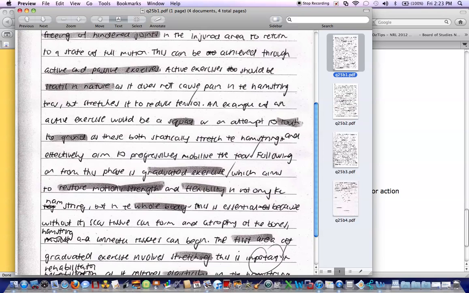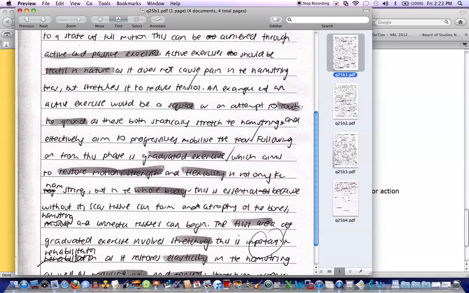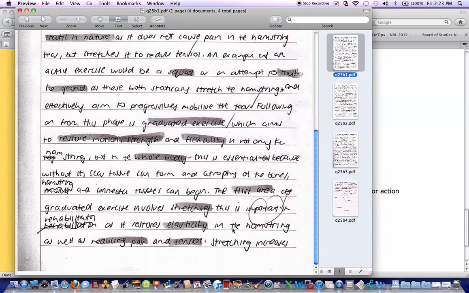It's not only the hamstring but the whole body, because without it scar tissue can form and atrophy, which is the loss of muscle, can occur. The first area of graduated exercise is stretching. This is important in rehabilitation. So again, we are justifying.